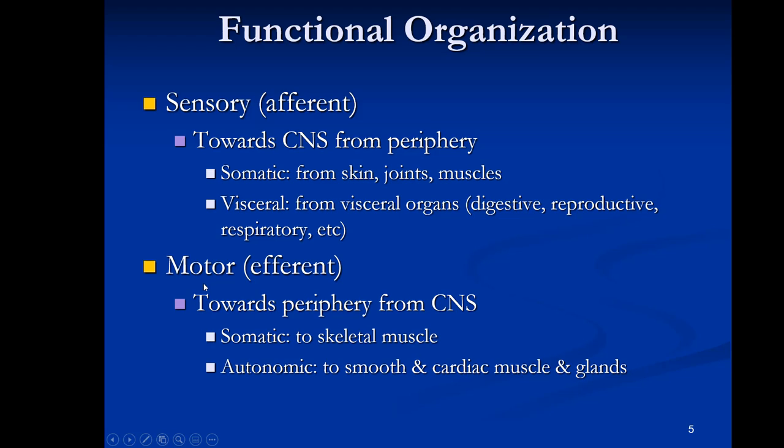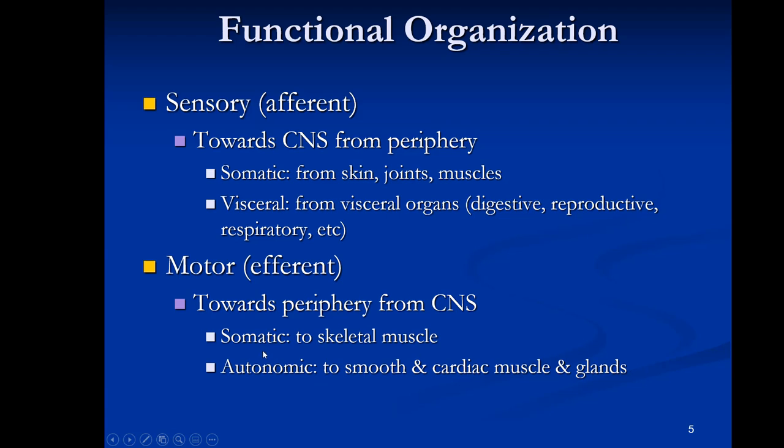The other classification here is if the electricity is moving away from the central nervous system, so towards the peripheral nervous system, or towards the peripheral parts of the body from the brain or spinal cord, we call that motor or efferent. If you remember when we were talking about muscle contraction, we called the neuron that stimulated a muscle fiber a motor neuron because it was leaving the spinal cord and going towards skeletal muscle, which is in the periphery of the body.